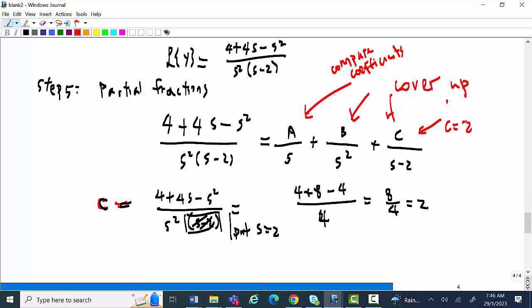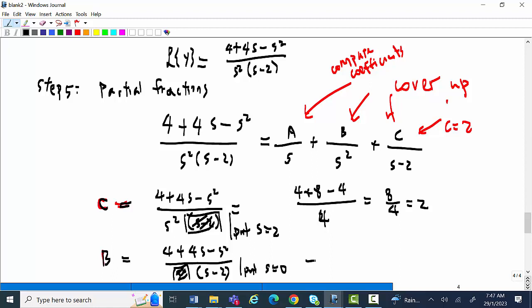I can also find B. B is the term above s square. So I cover up s square, and you are left with only s minus 2. And you put s equal to 0.